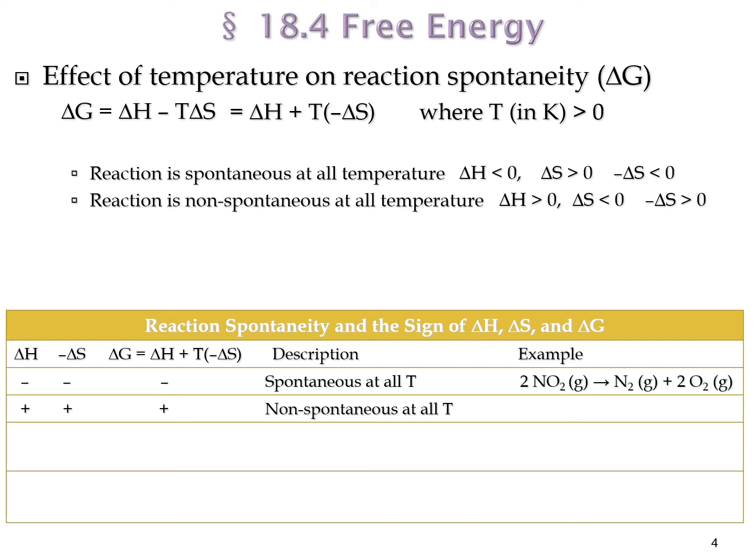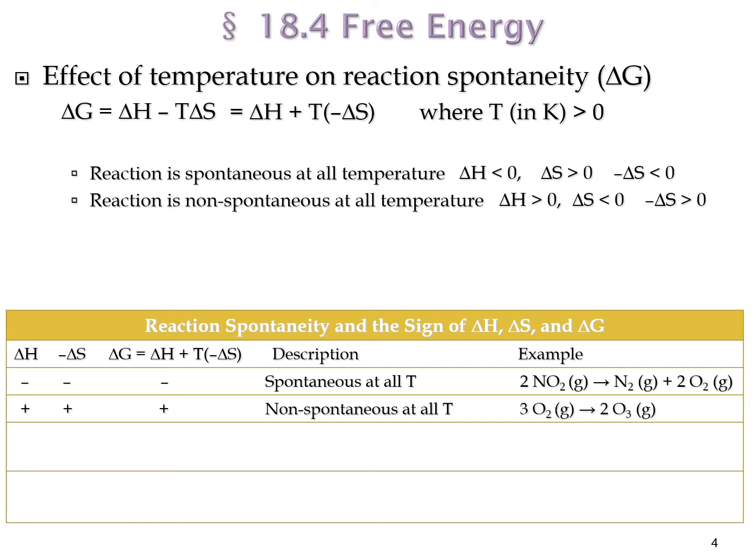So that confirms our analysis. This reaction is non-spontaneous, no matter what temperature this reaction is at. In other words, this is another case where it is totally independent of temperature.